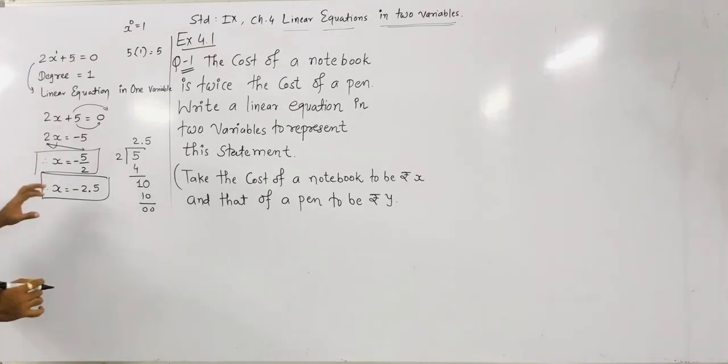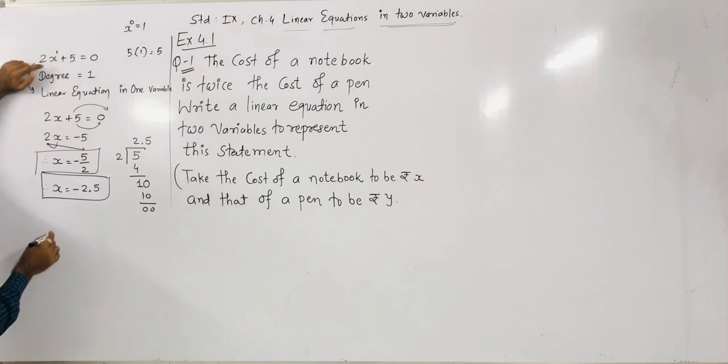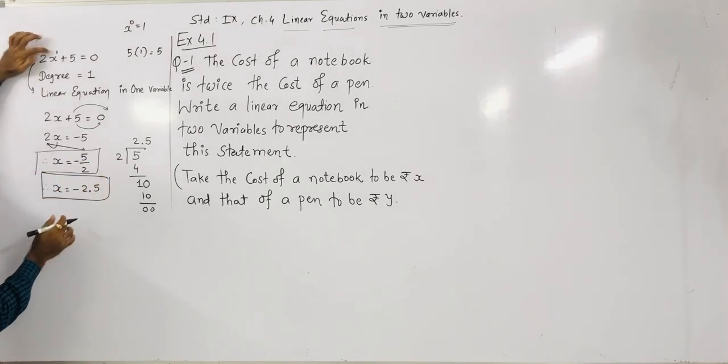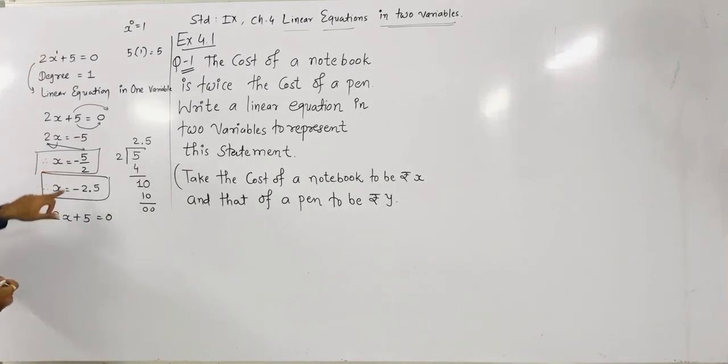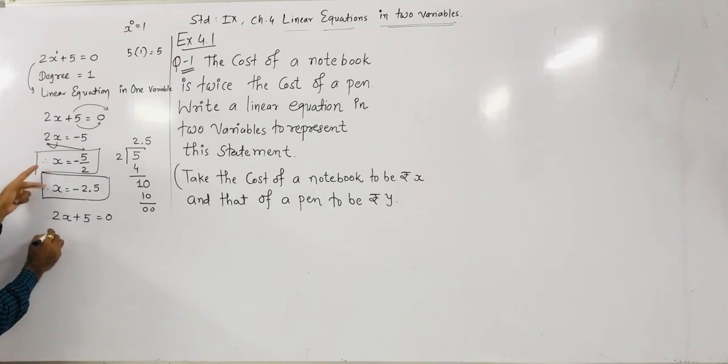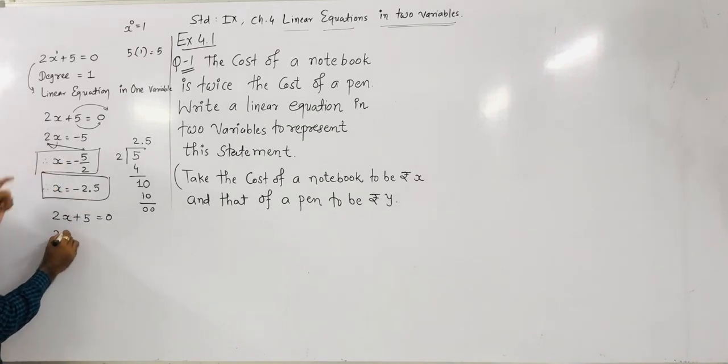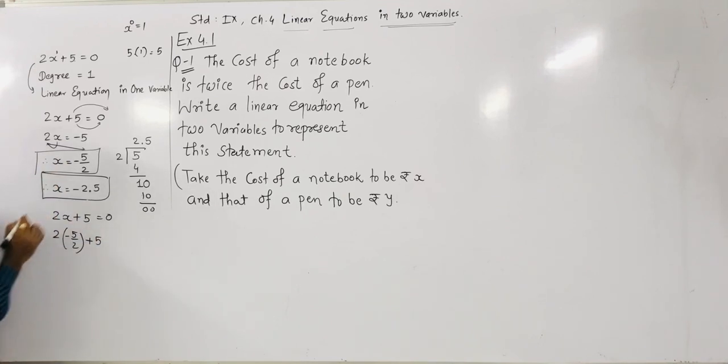How can we verify it? Here I check it out. See, I put the x value here in our equation 2x plus 5 is equal to 0, right? Whatever the x value, x is equal to minus 5 by 2 or x is equal to minus 2.5, you can put any value. Suppose I put minus 5 by 2, whatever I get, that value I put here, right?